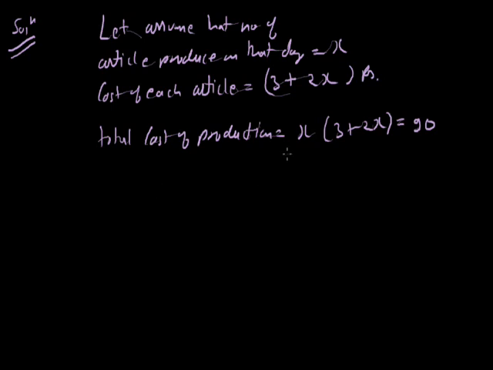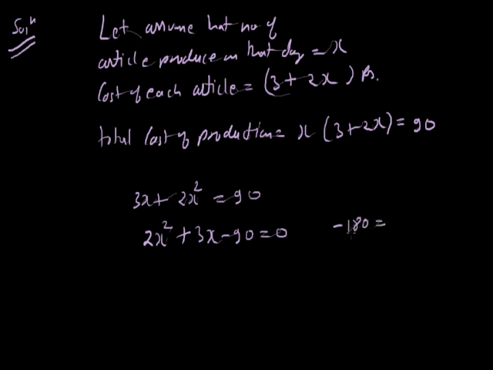So we solve this equation. x into 3, that is 3x, x into 2x, that is 2x square, is equal to 90. So 2x square plus 3x minus 90 equals 0. So minus 90 we will multiply by 2, so we are getting minus 180. So for minus 180 we find two factors that give us 3. So the factors of minus 180 to give plus 3 are 15 into minus 12.